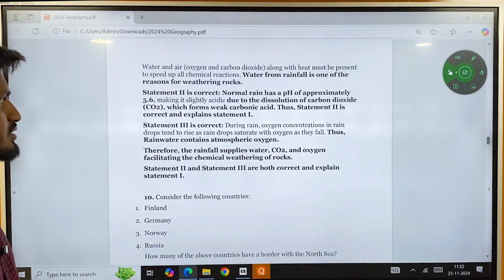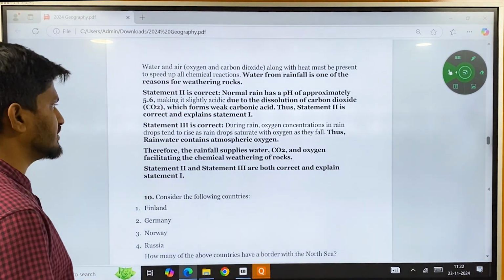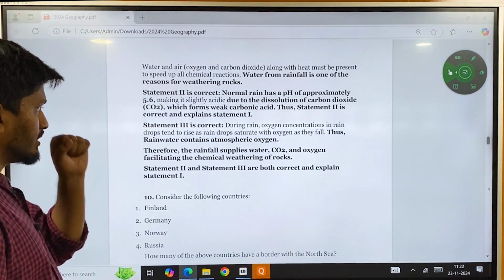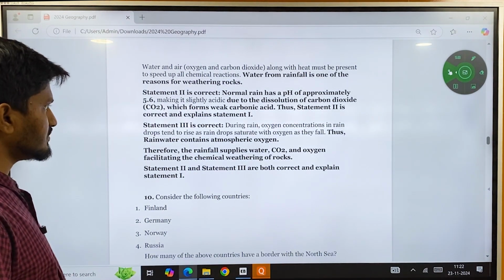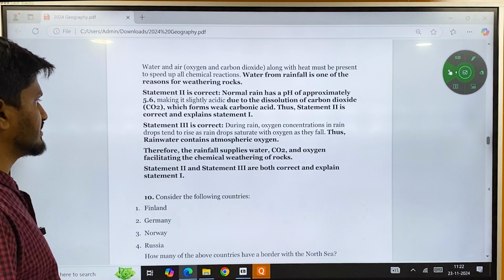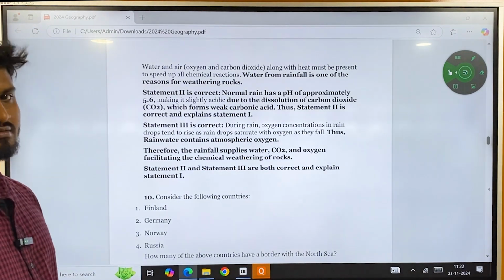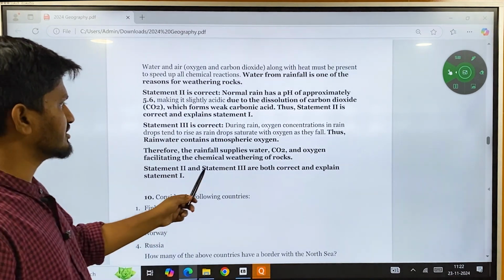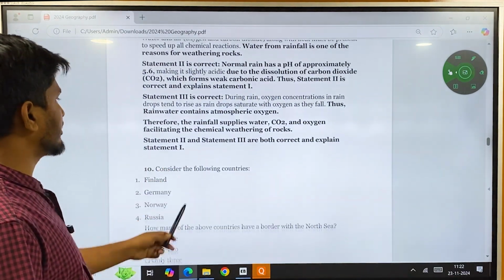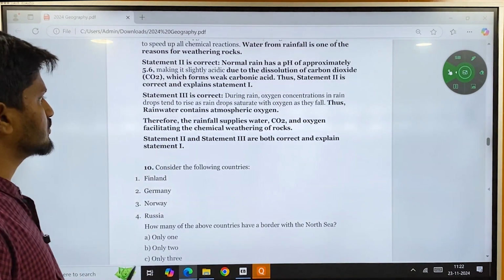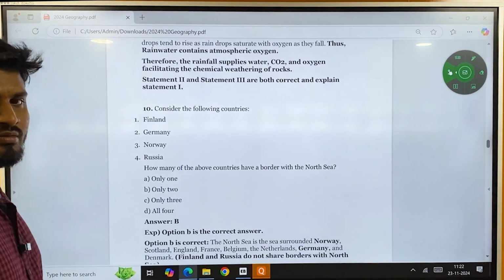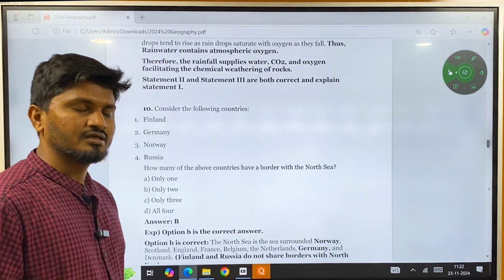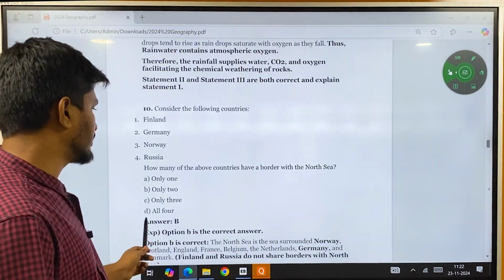During the rain, oxygen concentrations in the raindrops tend to rise as raindrops become saturated with oxygen as they fall. Thus, rainwater contains high atmospheric oxygen, which also helps in weathering. Therefore, rainfall supplies oxygen, water, and carbon dioxide, facilitating chemical weathering. So the correct answer is A. Statements 2 and 3 are correct, and they explain statement number 1.